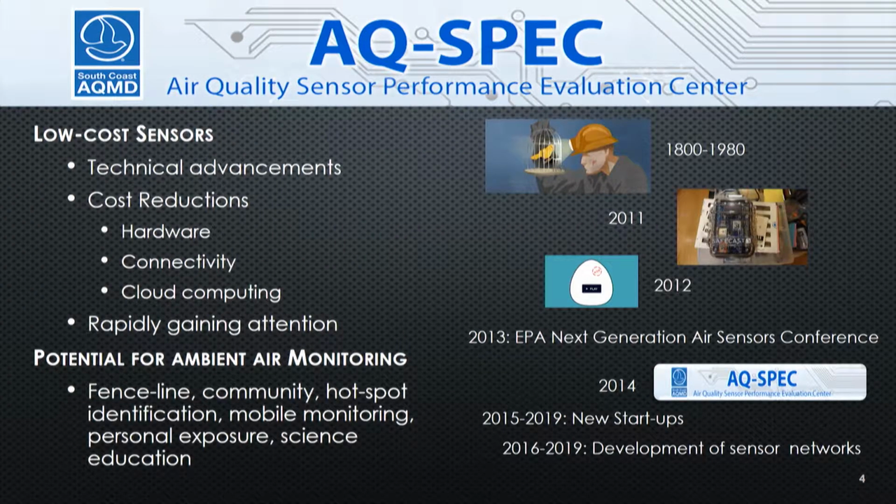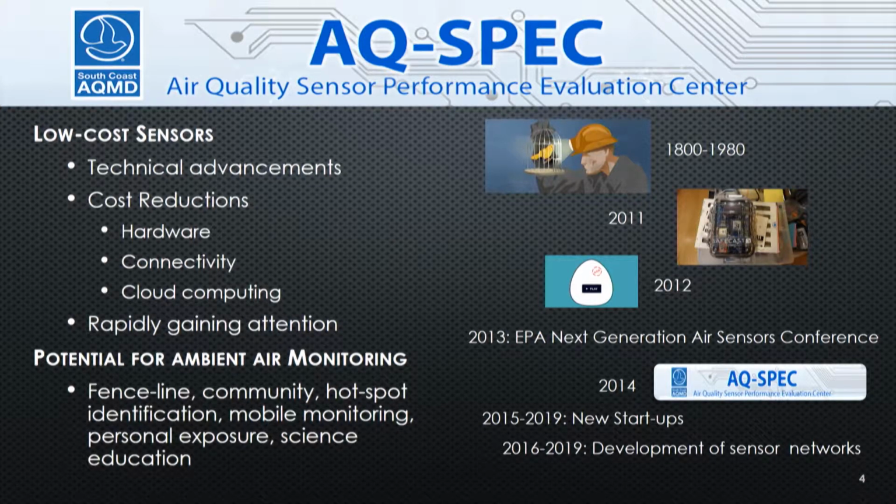Low-cost sensors, these are not new. They've been used for many years. We know about the canaries in the coal mine, and this has been increasing in the last years with technology advancement, both from the Internet of Things revolution and from the hardware costs for these low-cost sensors. We see that in 2011 with the release of the Geiger counter for the Fukushima disaster in Japan, where community scientists were doing monitoring around that disaster and collecting that data in real time and putting it on maps.